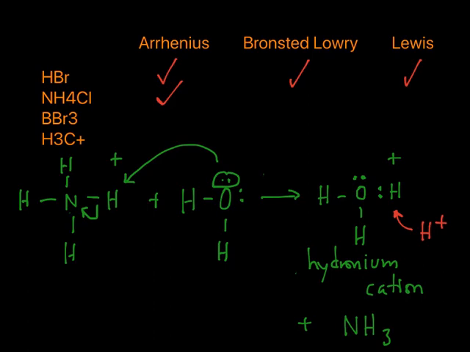Is it a Bronsted-Lowry? Yes, it donated a proton to the base, being water. Is it a Lewis acid? Was it an electron pair acceptor? Yes, this species accepted a pair of electrons, so it is also a Lewis acid.